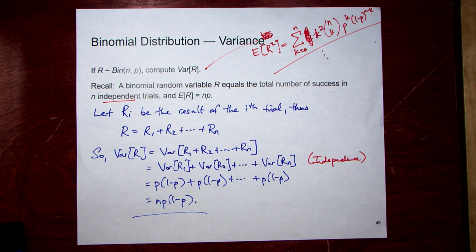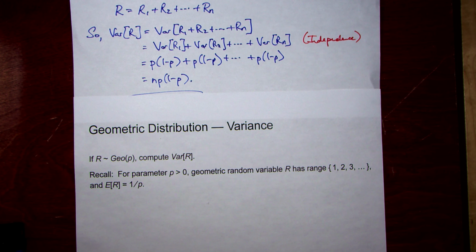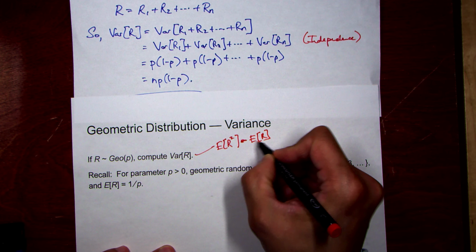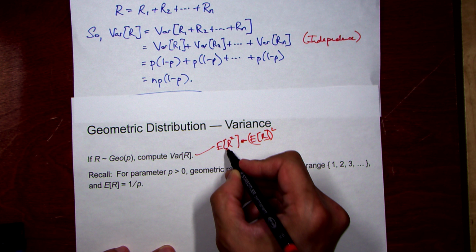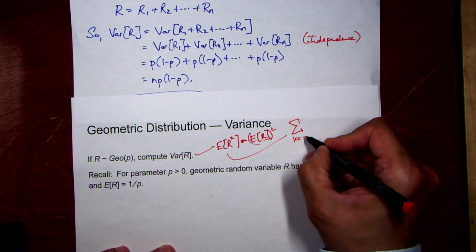Geometric. Geometric, I'll make the same comment. Like, if you needed the expectation of this r squared thing, this r squared thing is the sum of k equal to 1 to infinity, I guess, because it's unbounded anyway.